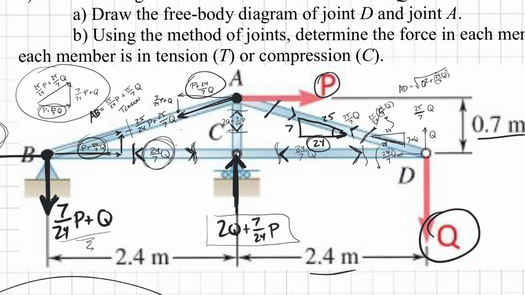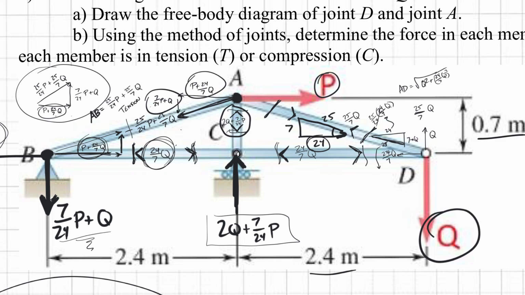What about the Y direction? What forces do we have in the Y? We've got this one right here, so we've got a 2Q plus 7 over 24P. Then I've got the Y components of both of these diagonals. So this one is 7 over 24. Oh, that's a minus, sorry, because it's pulling.